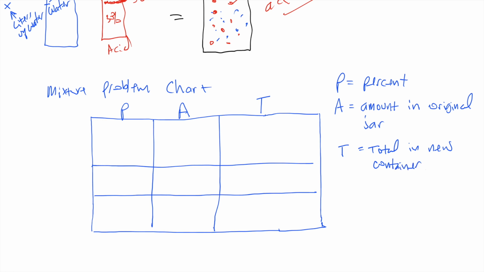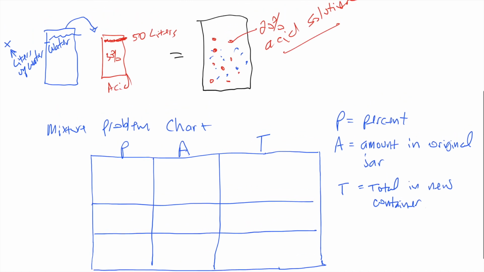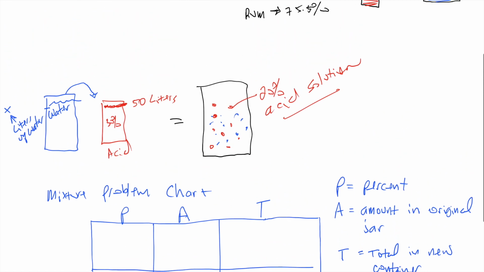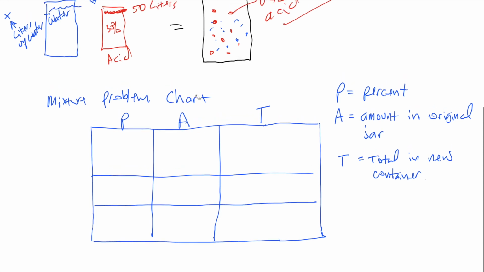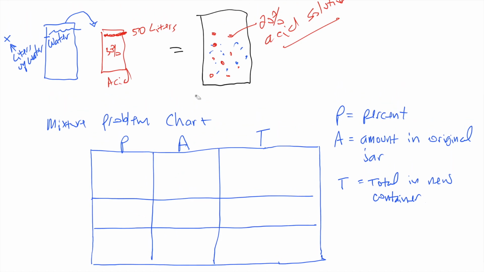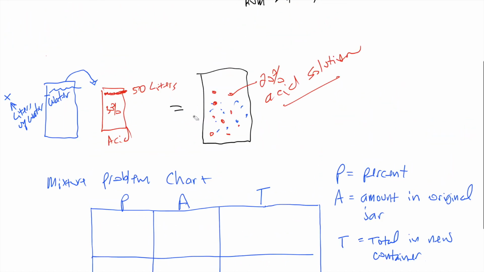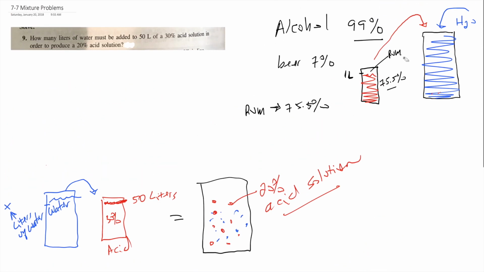A is how much you have in the original containers. T is how much of that goes into the total. In this example, I could dilute the rum in one of 2 ways: I could add water to the rum container, or I could put both in a new container.